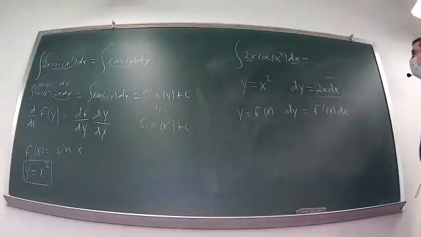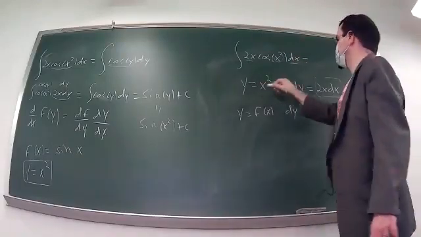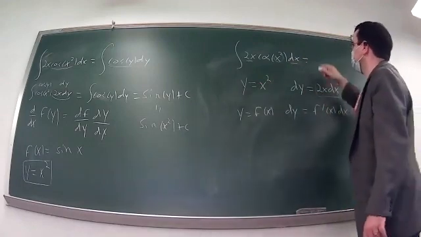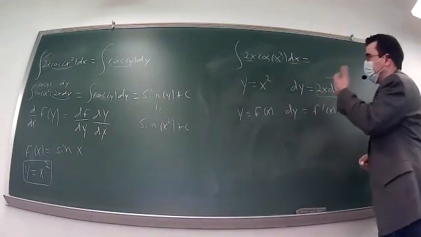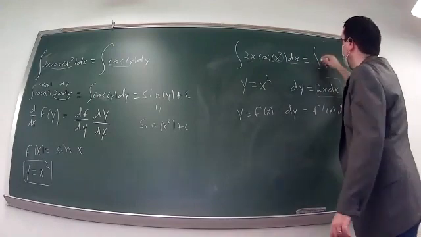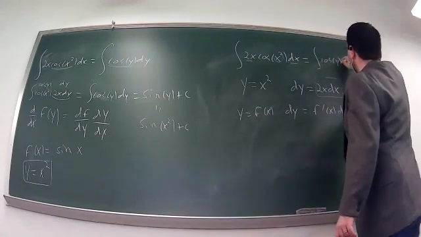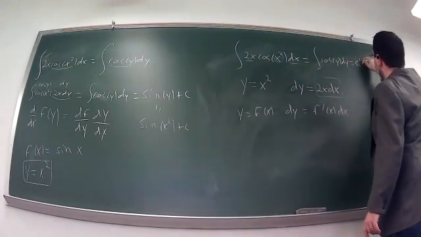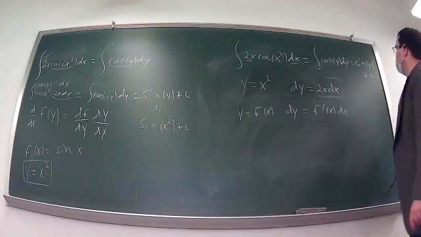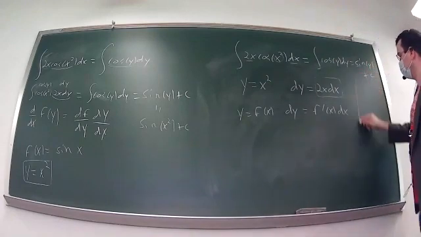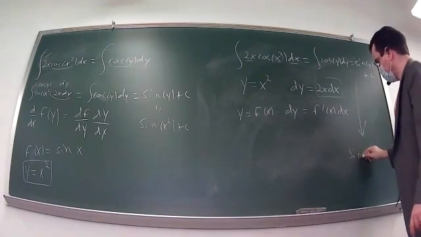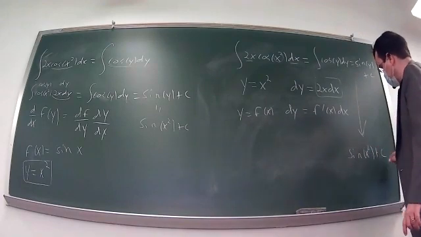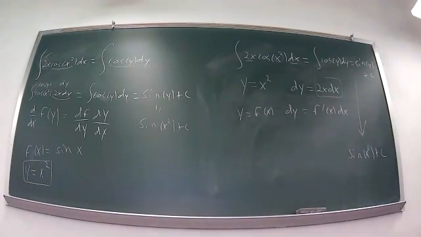So I can just literally make the substitutions y for x squared and dy for 2x dx. And that'll take care of the chain rule for me. And I'll be left with the integral of cosine y dy equals sine y plus c, which you'll then convert back to sine x squared plus c for your final answer.